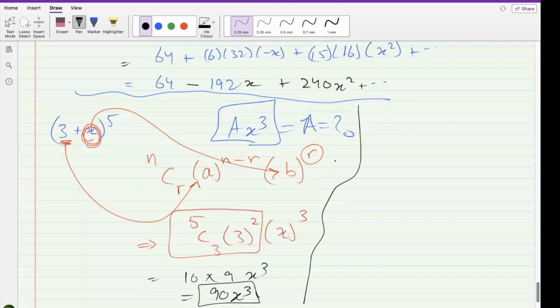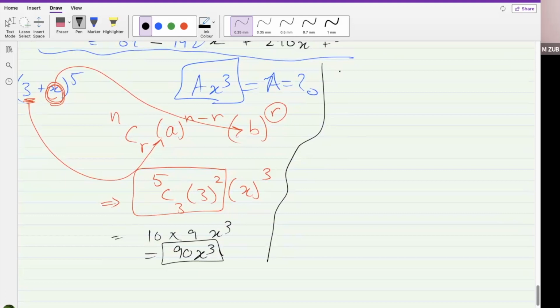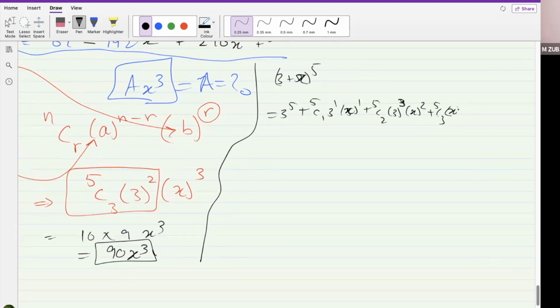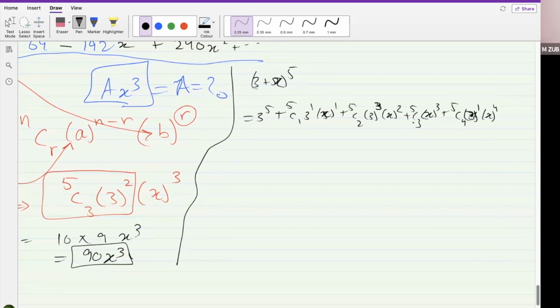So in this case, if we choose to open all the terms, first would be 3 power 5, then 5C1, 3 power 4, and b1, plus 5C2, a to the 5 minus 2, and this is 2, plus 5C3 and x3, 5C4, and this is 3 power 1 and x power 4, and last term is x power 5.